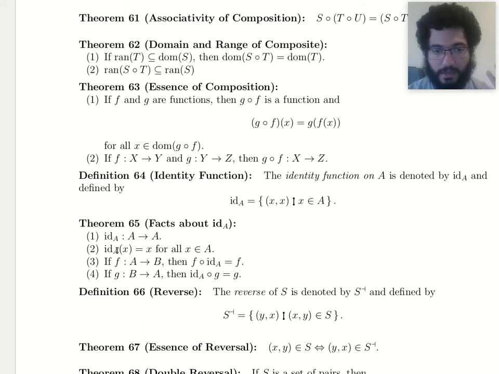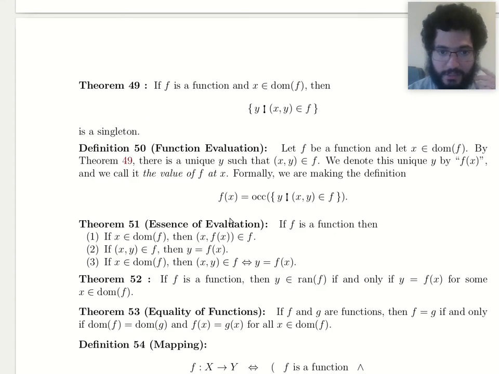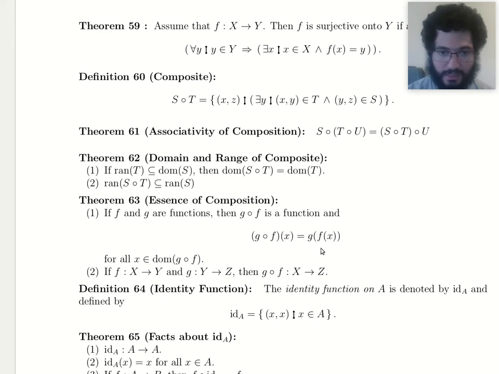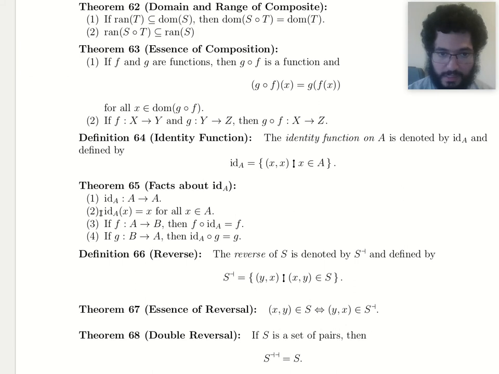This is something that you can prove using the essence of evaluation, so that you can relate these kinds of statements, a pair being in a function, to these kinds of statements about evaluation. So this is pretty quick to prove using essence of evaluation. This is what I mean by do nothing function. You input x and it just outputs x right back with no changes made to it.